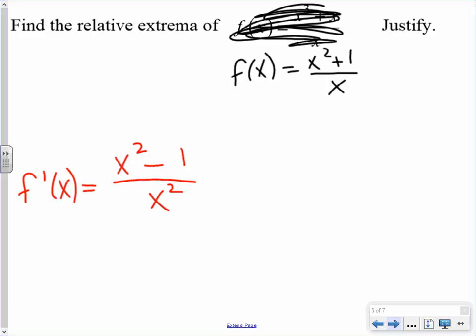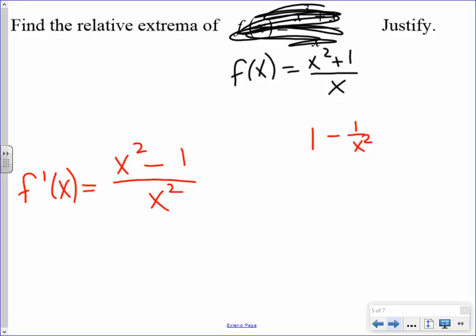Since we have to figure out where the derivative is 0 or undefined, you'll want to make that one fraction. So you would want this to be x squared over x squared. Now, some of you may have broken that up and then taken the derivative, and you would have gotten 1 minus 1 over x squared.